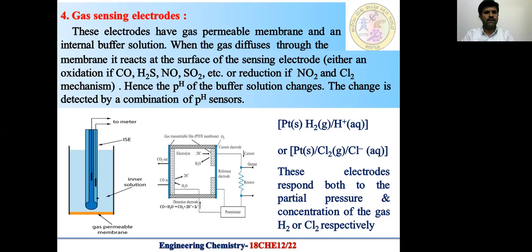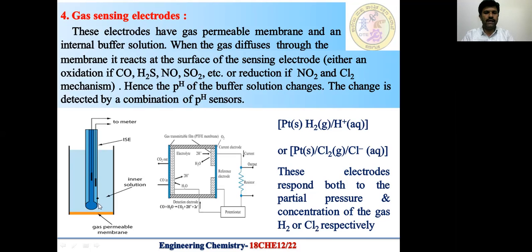Either an oxidation reaction occurs if gases like carbon monoxide, H2S, NO, SO2 enter through the membrane, or a reduction reaction if gases like NO2 and Cl2 etc. enter into the membrane.